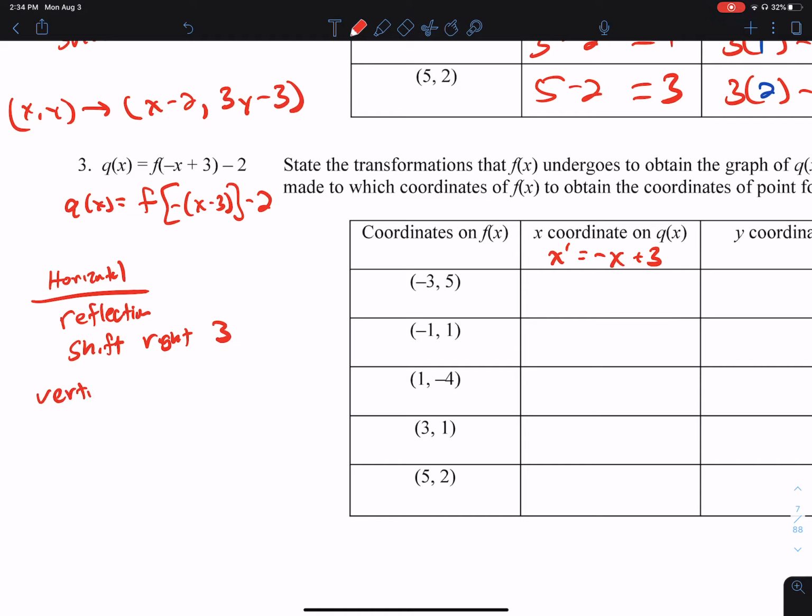Vertically, we're not multiplying anything on the outside, but we are subtracting 2, so we're going to shift down 2. So that means our original ordered pair xy is going to become negative x plus 3 and y minus 2.